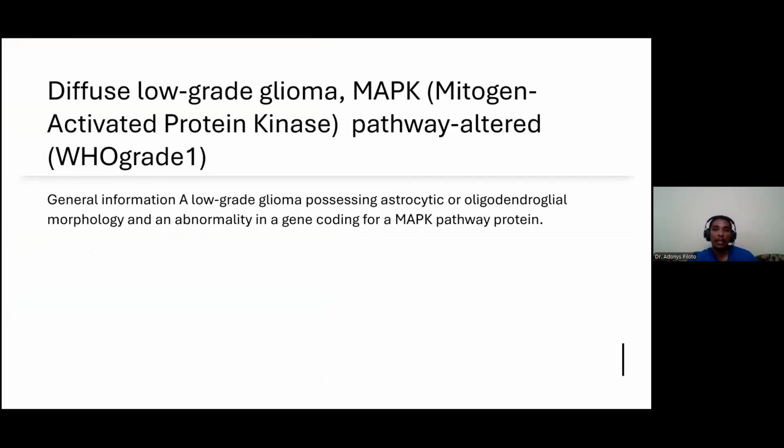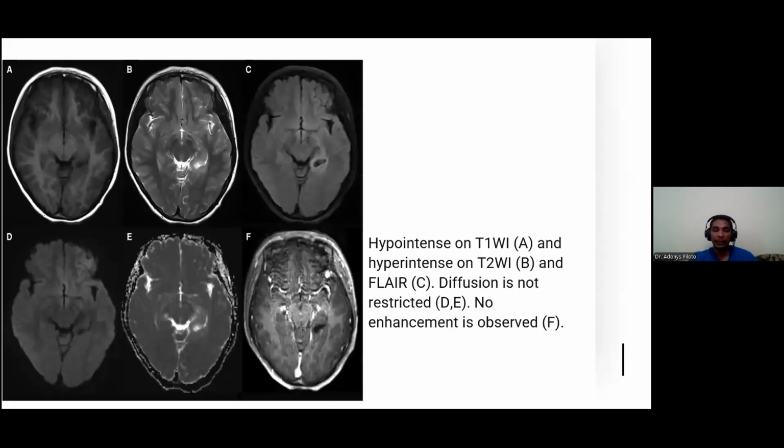Diffuse low-grade glioma, MAPK, that is the mitogen-activated protein kinase, pathway altered, WHO grade 1, is a low-grade glioma possessing astrocytic and oligodendroglial morphology and an anomaly in a gene coding for a MAPK pathway protein.